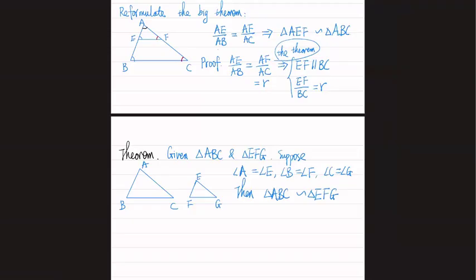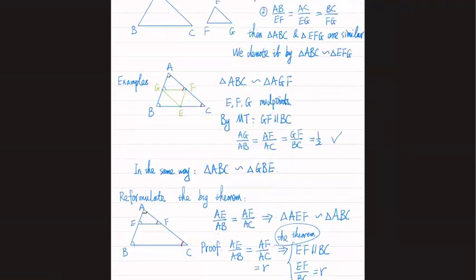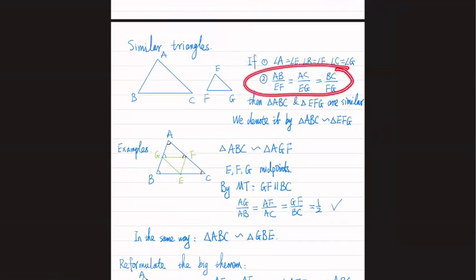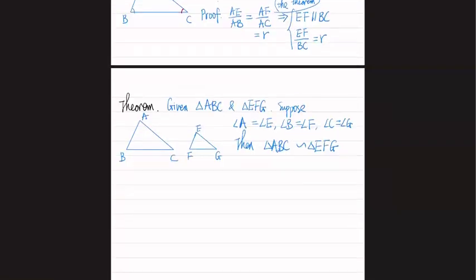So let's compare the conditions here with the conditions for similar triangles. We can see we have the first part, but we are missing the second part. We have to prove that sides have the same ratio. How to check this?